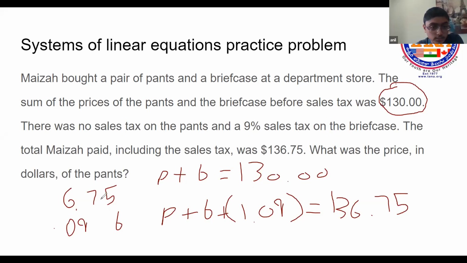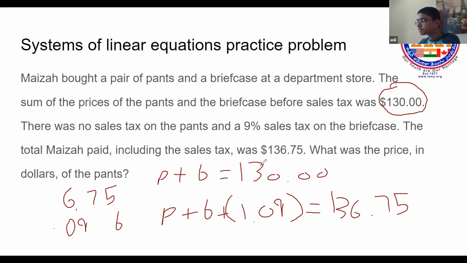So 6.75 is 9% of B. Basically with the 0.09, you know that 6.75 is 9% of your briefcase. You get whatever the value of the briefcase is, and you subtract it from 130.